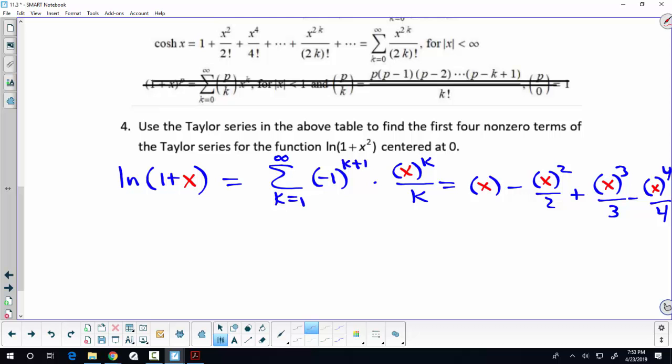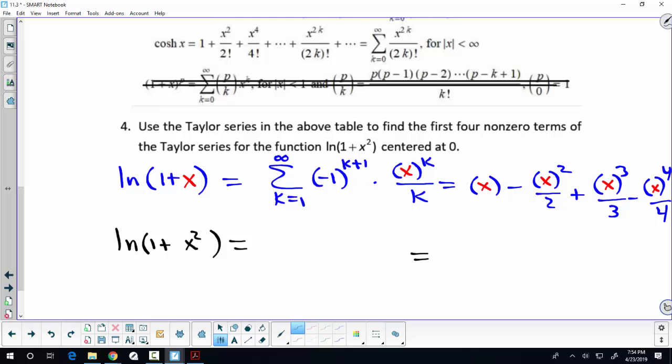And then to find the series for the ln of 1 plus x squared, we just replace that x with an x squared, and then we have that series. So for the series for the ln of 1 plus x squared, it says just find the first 4 terms, so we don't really need the summation part.